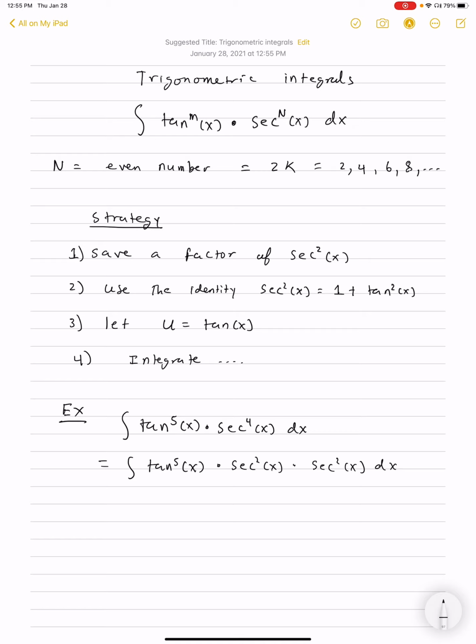Now I'm going to use the identity. So I'm going to have tangent to the fifth of x, but now I'm going to replace secant squared by 1 plus tangent squared of x. And then we're going to multiply that by secant squared of x dx.